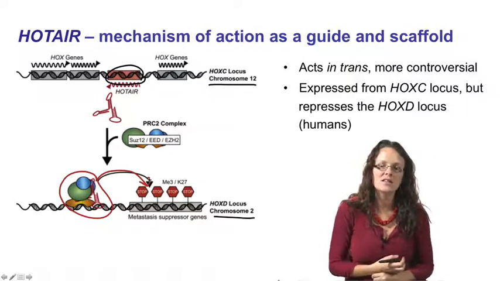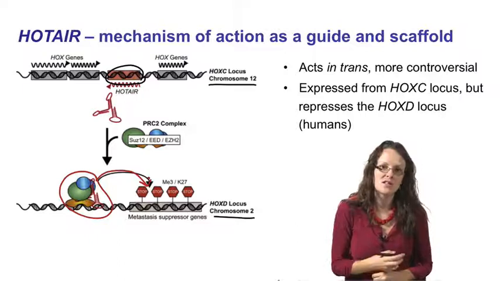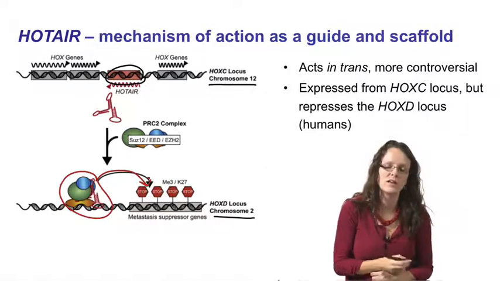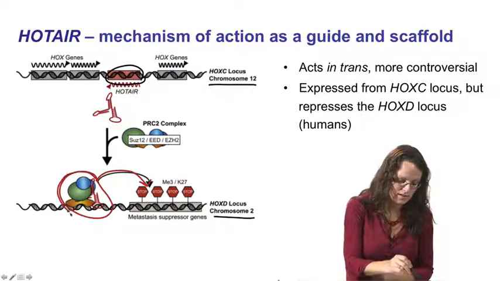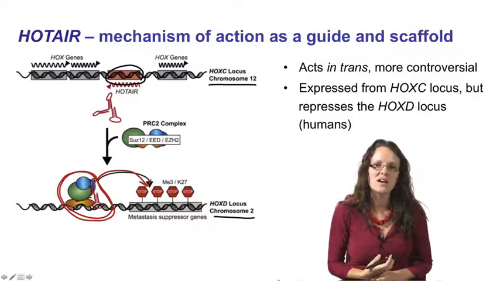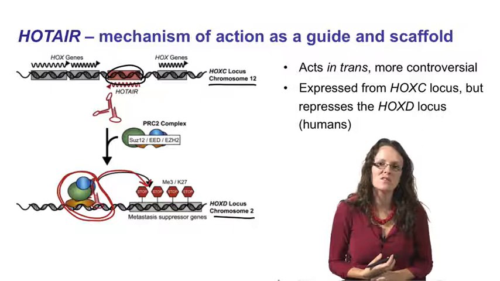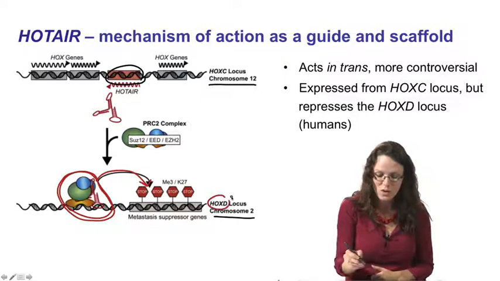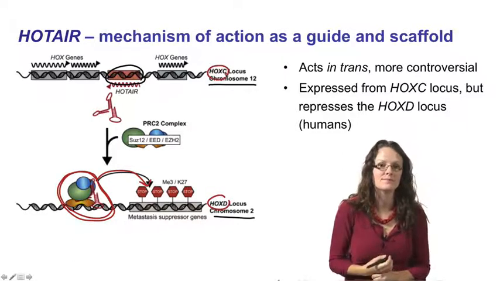In this case, the HOX genes are being silenced, and HOTAIR is acting as a guide. And the reason it's acting as a guide is it's just bringing in one epigenetic modifier complex, this being PRC2, and it's also still being targeted based on the sequence specificity because each HOX gene has a high degree of identity to the other genes. So the HOX-D cluster is quite similar to the HOX-C cluster.